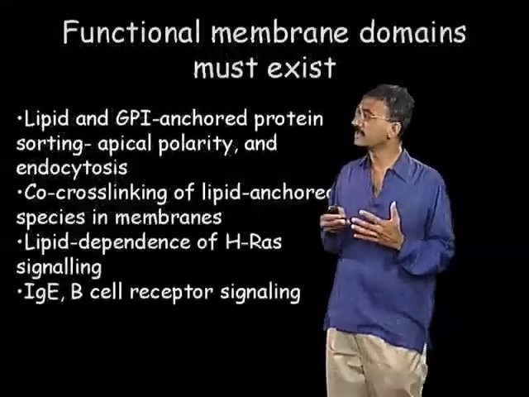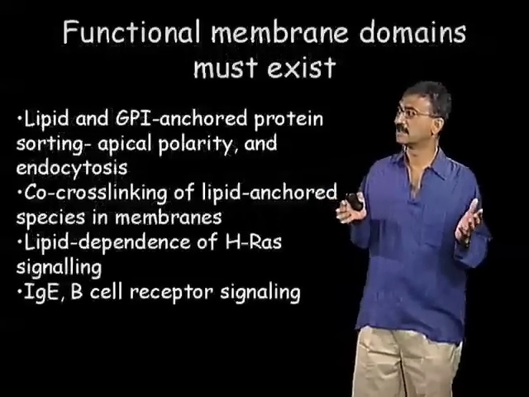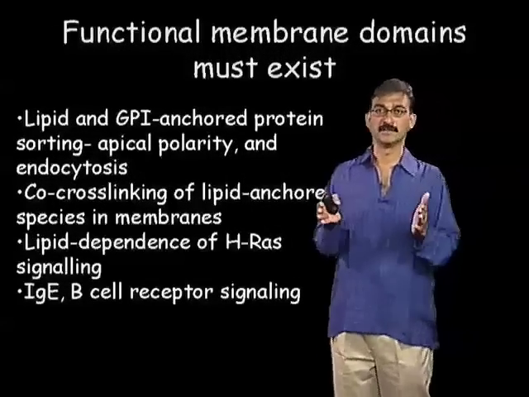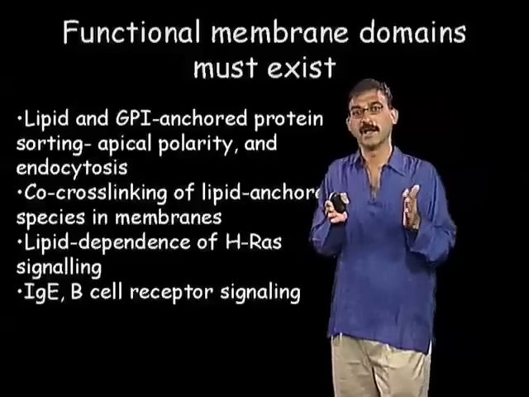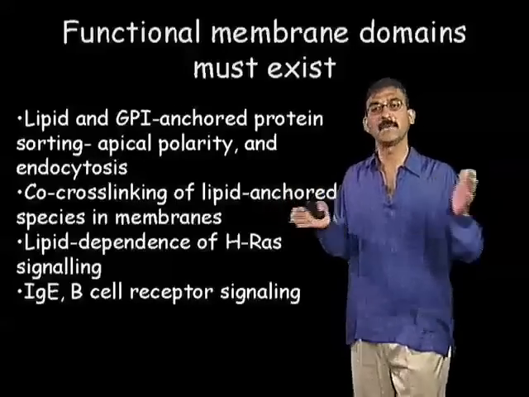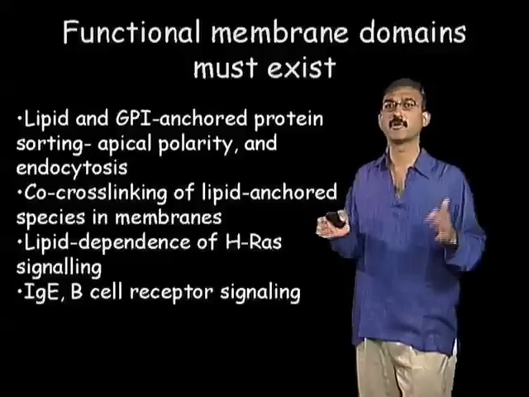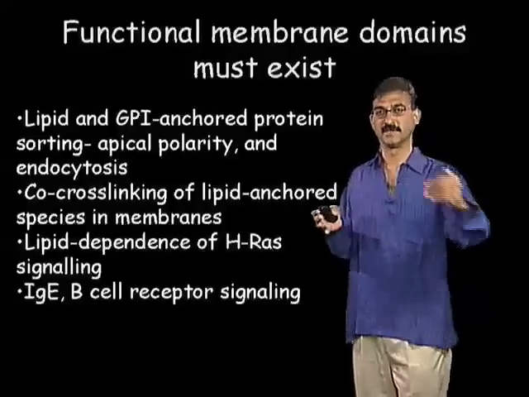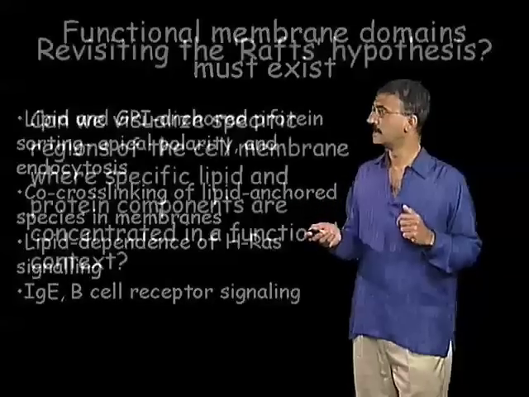In fact, all these observations suggest that there must be membrane domains which exist in cell membranes, and these operational definitions have merely been correlates of some kind, but have not really revealed the true nature of these membrane domains.